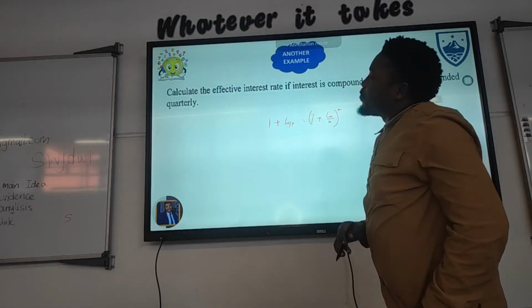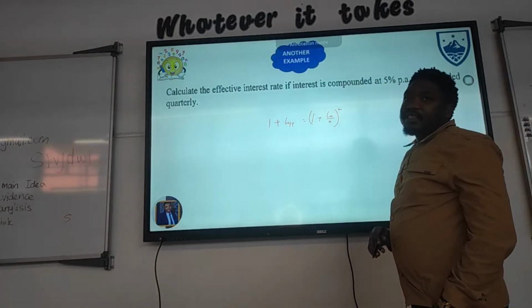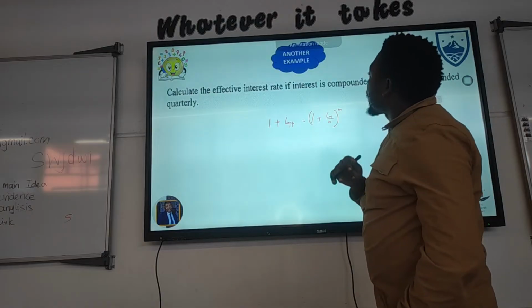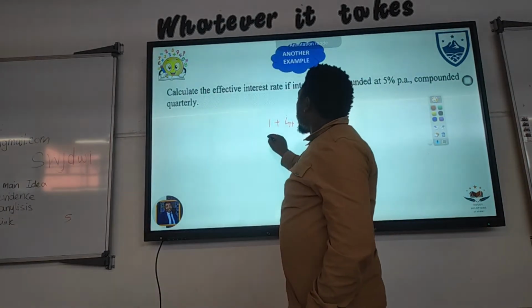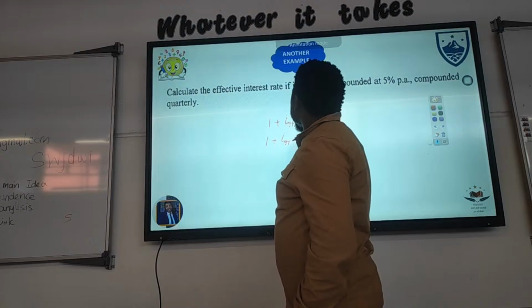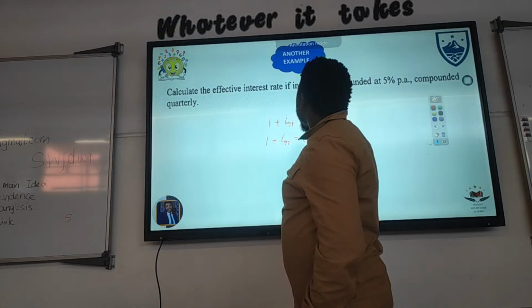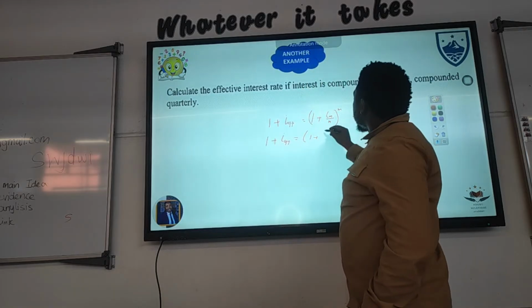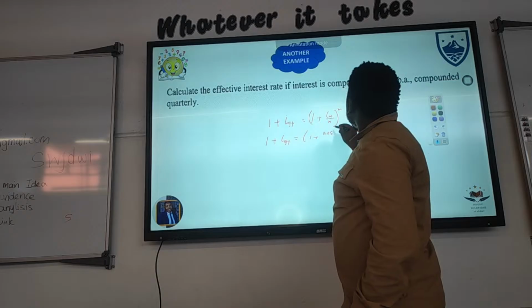So we see that we're calculating the effective interest rate if the interest is compounded at 5% per annum compounded quarterly. So this will be 1 plus effective interest, which is equal to 1 plus i over m, which is the interest, 0.05.